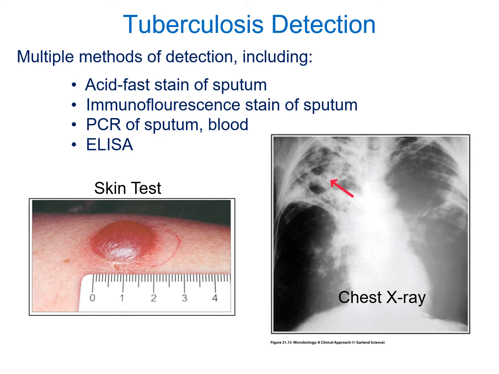We can use chest x-rays as well, so we can look for those tubercles. And if it's a bad infection, we may have a lot of tubercles. The tubercles may have ruptured as well and basically melded together to form these light areas on the x-ray.